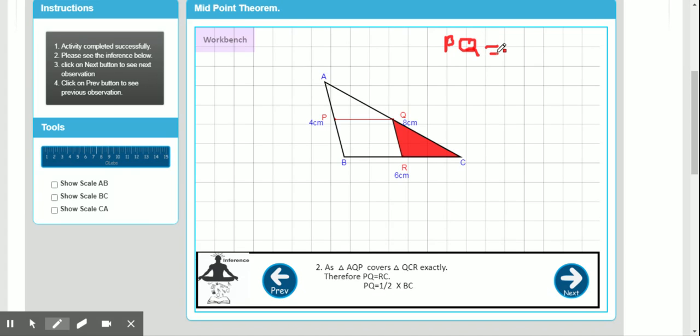PQ is equal to BR, and since R is the midpoint of BC, BR will be equal to RC, and I can write BC as BR plus RC, right?